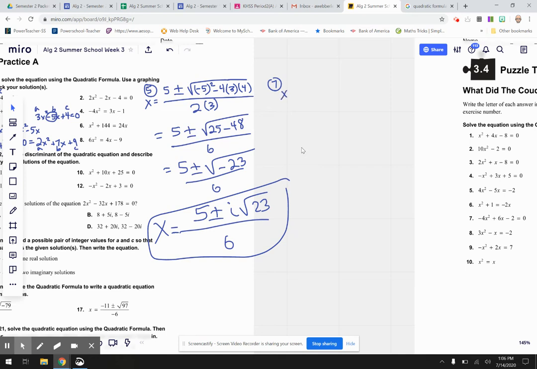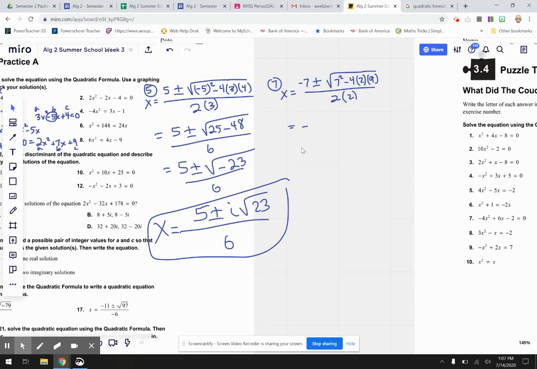So x equals negative 7 plus or minus square root. Now b is 7, so 7 squared minus 4 times a. A is 2 times c is 9. All over 2 times a, which was 2 times 2. So now we can simplify.